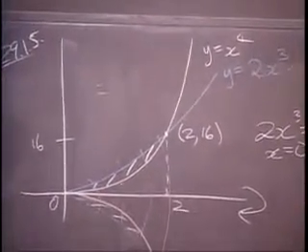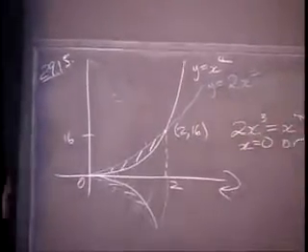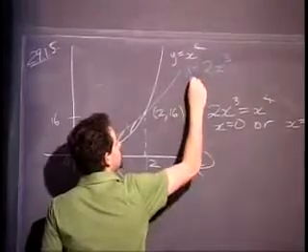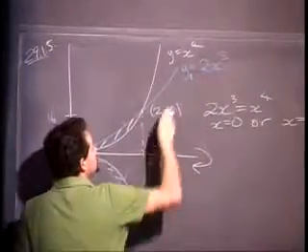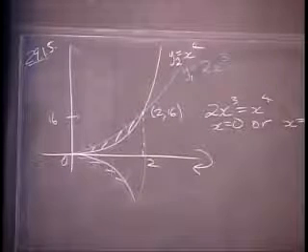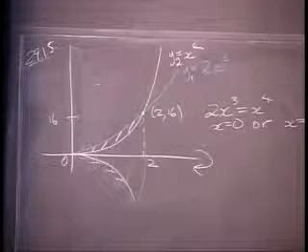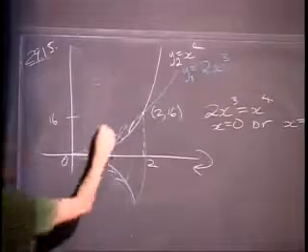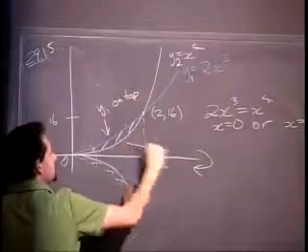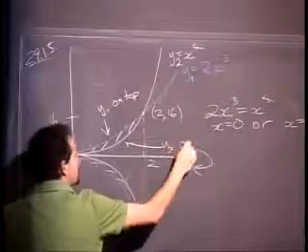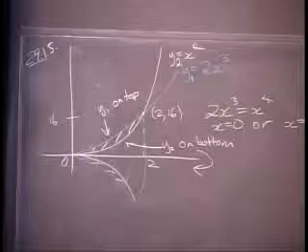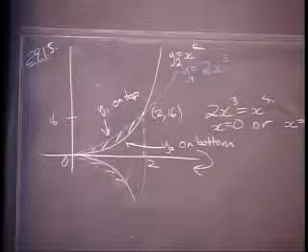So the blue curve is on top, and I'm going to call it y1, and I'm going to call the other one y2, because if they're both called y, I'm going to get mighty confused. y1 on top, and y2 on the bottom. Okay, so I'm just going to ignore y2 for the moment.